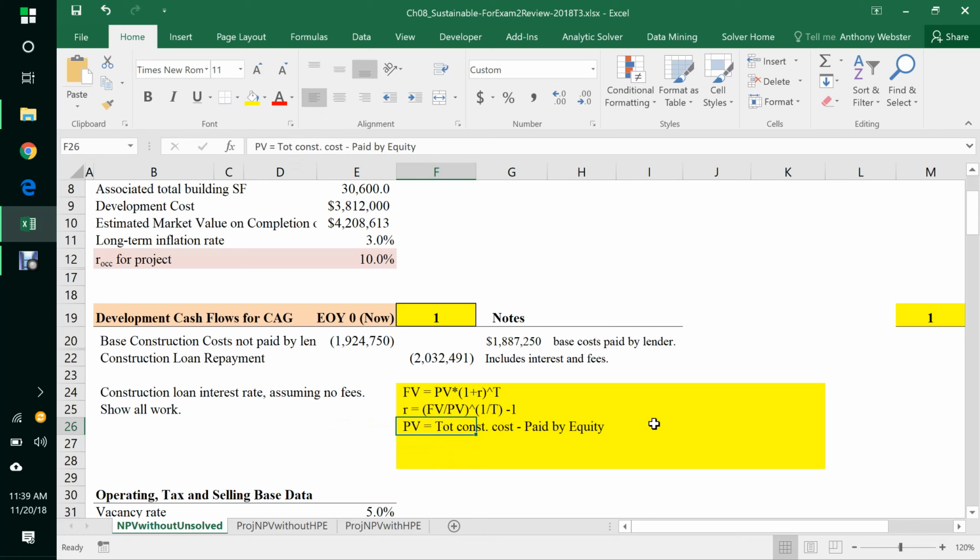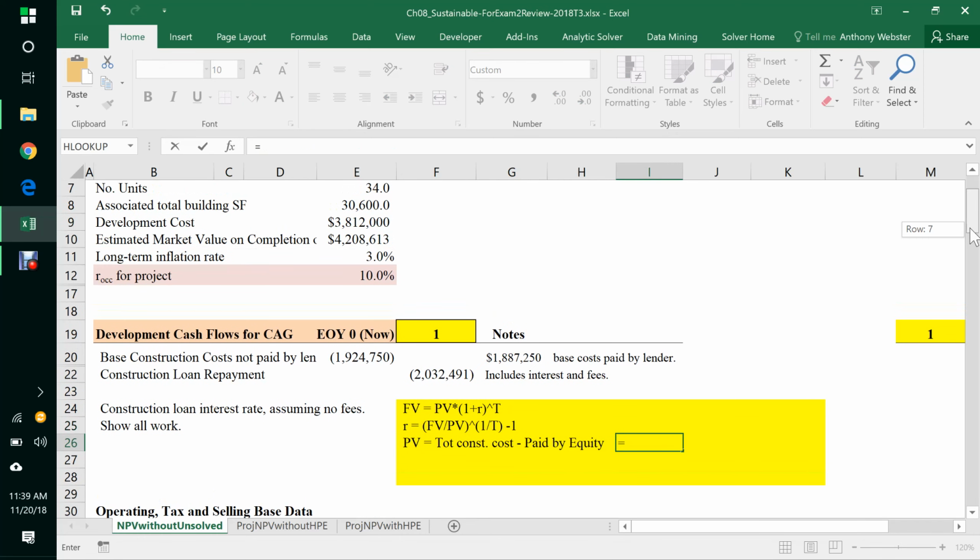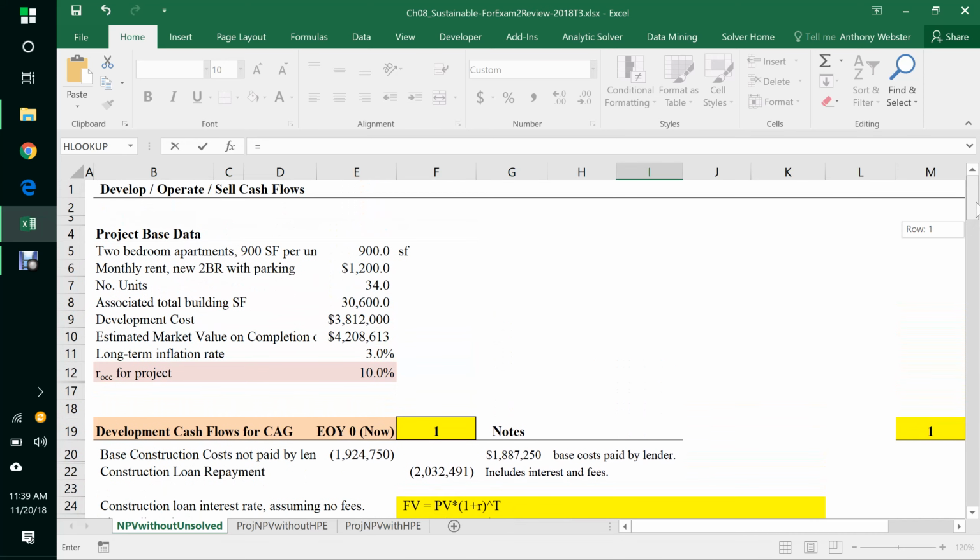So that's going to equal, we just got a big field where we're putting our work, so let's go ahead and do that. I'm putting it in cell I-26.